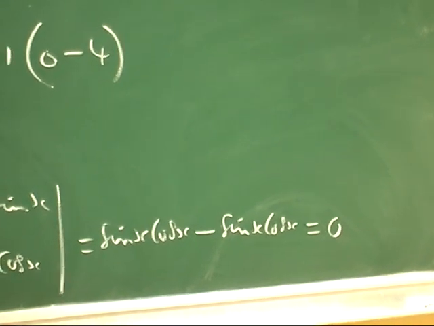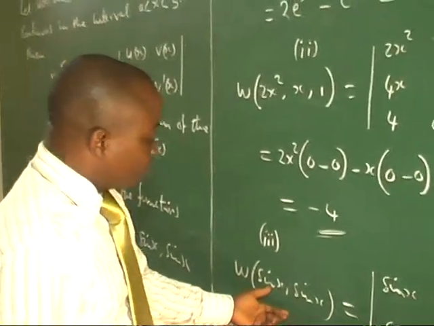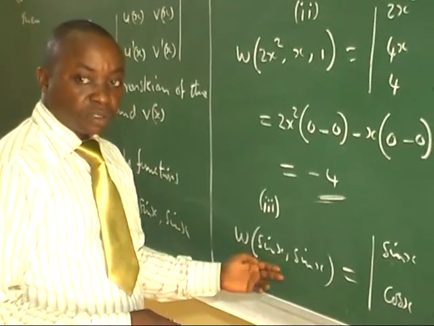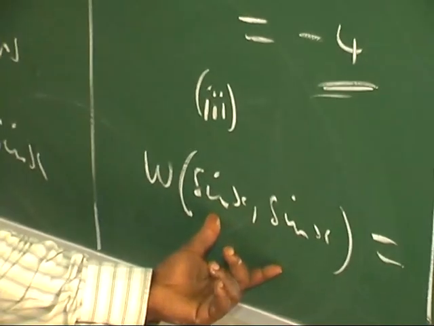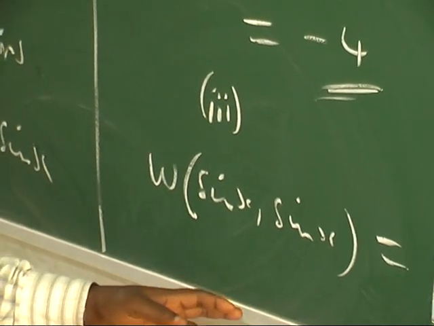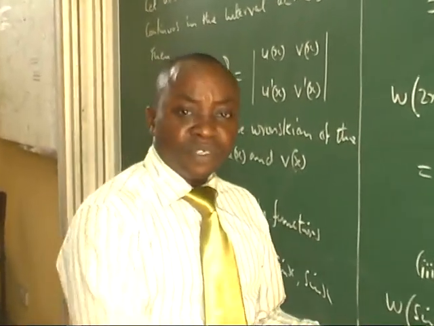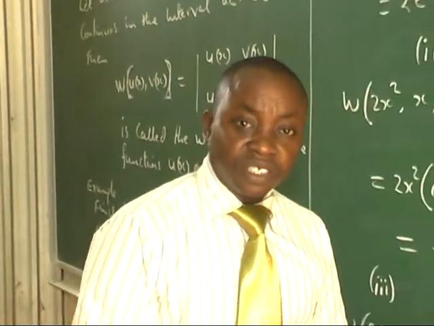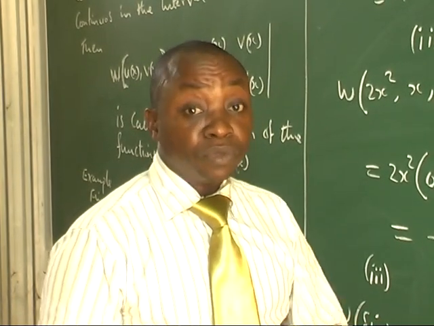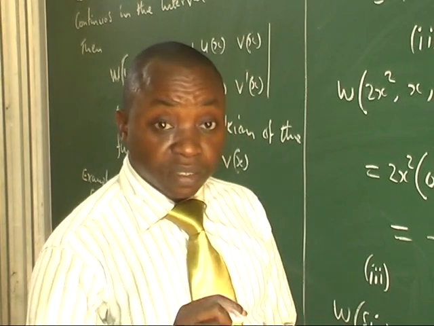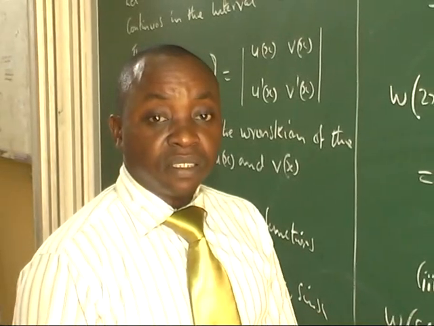So the Wronskian of these functions is 0. There is something we observe here: if you have two functions and they are the same, it is certain that the Wronskian will be 0. We'll be using this in our second order homogeneous equations, where I will be using linearly independent and linearly dependent.